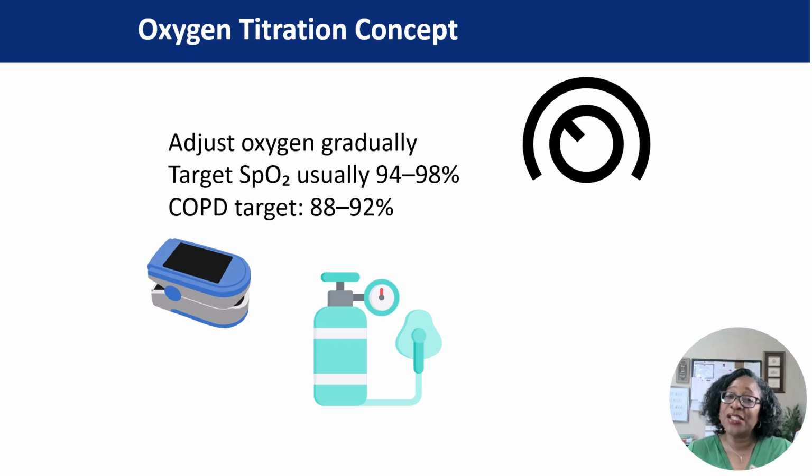With a COPD patient, if you give them too much oxygen, then they're going to start breathing less because they have that oxygen. And that actually can lead to worsening carbon dioxide retention, because as they reduce their breathing, they're going to retain carbon dioxide. Okay. And this is why oxygen therapy must be carefully controlled.